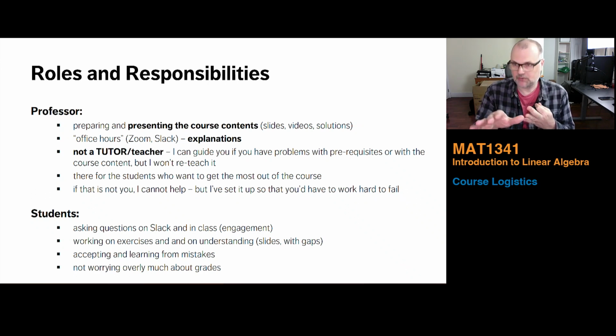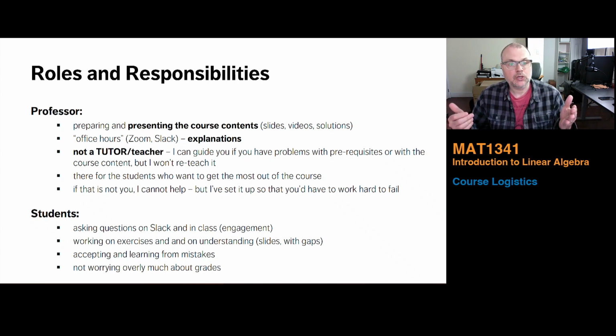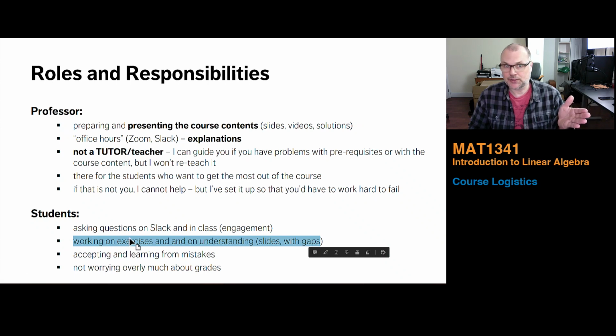That's also part of my job, but it's not the first thing that I'm supposed to do. Presentation comes first, then comes student engagement, trying to understand, either through questions on Slack or working on exercises.